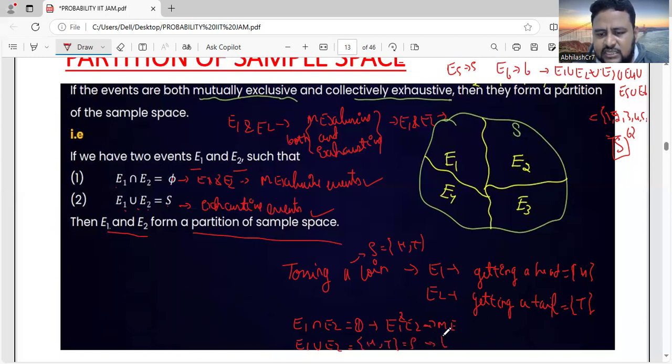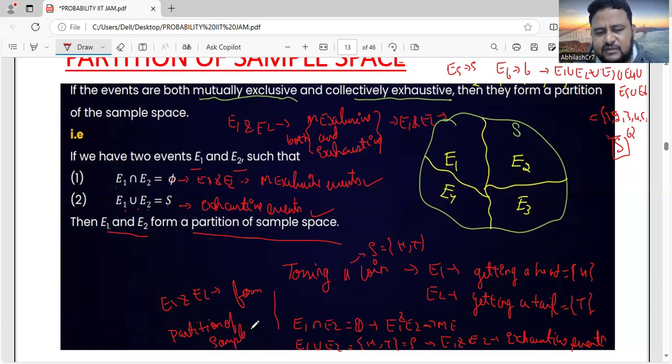Therefore E1 and E2 are exhaustive events, and they form a partition of the sample space.